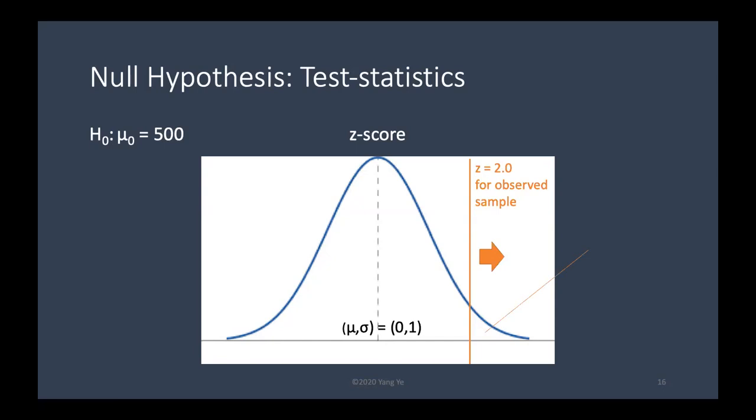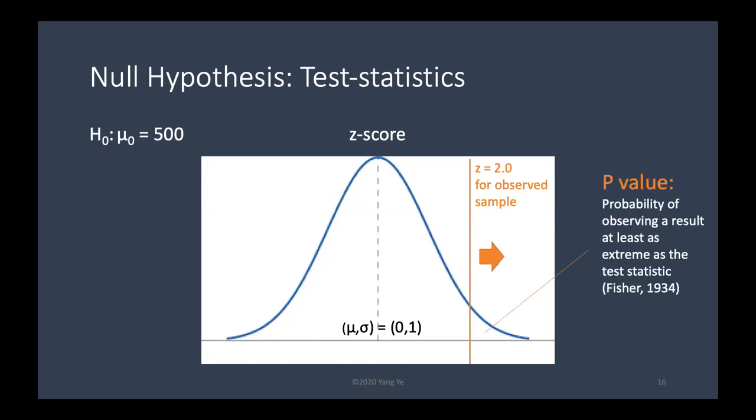So again, using the z-score and z-table, we can calculate the p-value. And that's exactly how Fisher in 1934 defined p-value in this case. So the p-value is just the probability of observing a result at least as extreme as the test statistic.